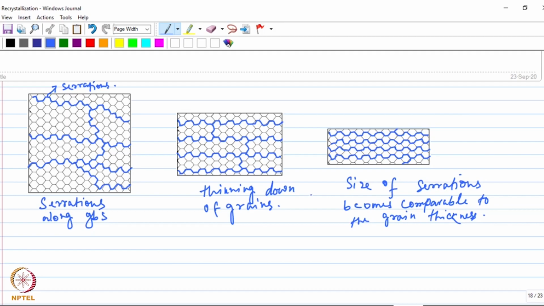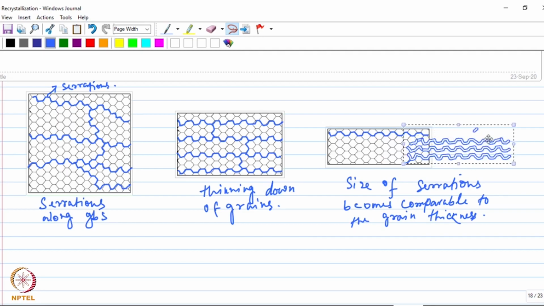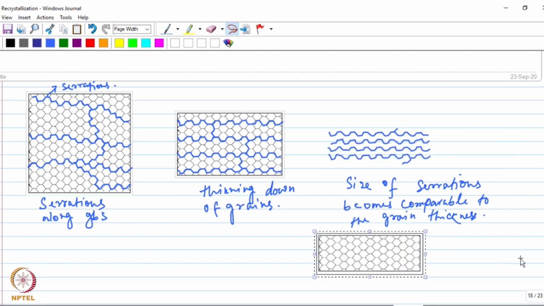So if I want to show you that, if I simply remove these grains from here, from this particular diagram, from the third one, you would realize what I'm trying to say here. Let me see if I can remove this. Right, so I have just removed these grains and I have left behind only the serrations over here.